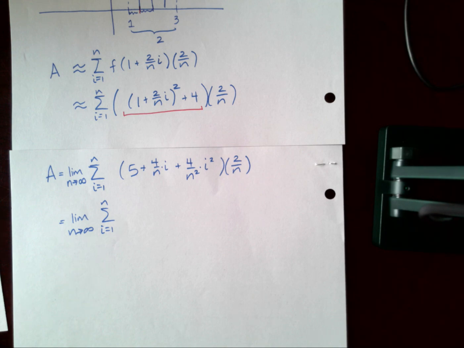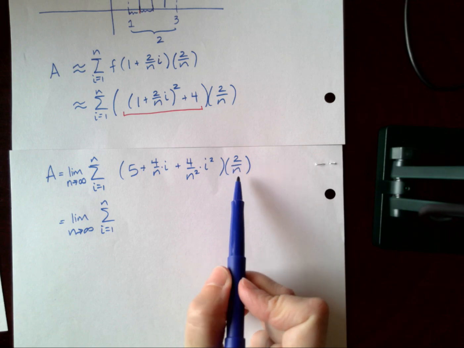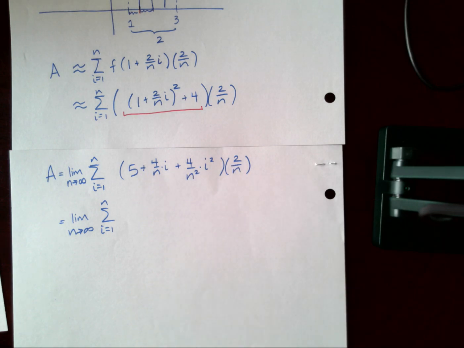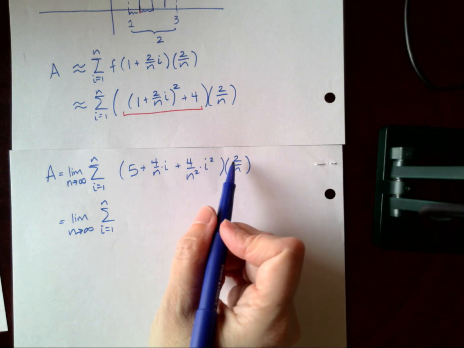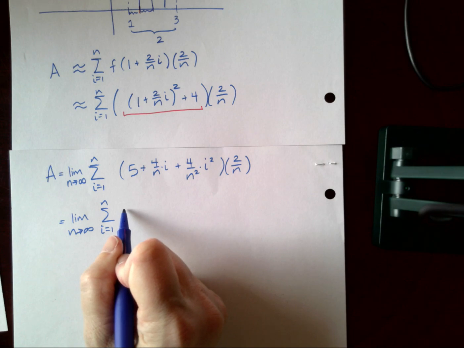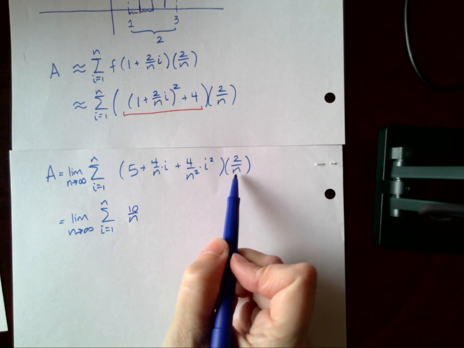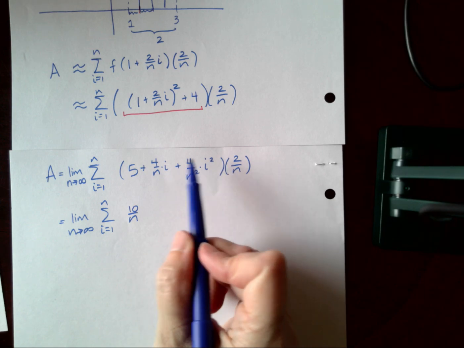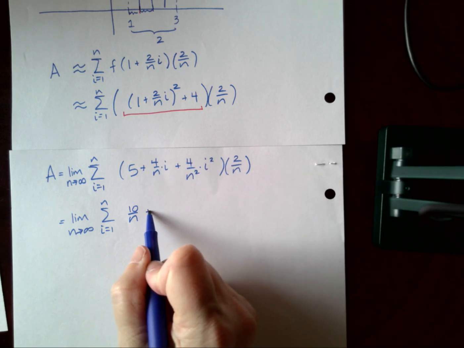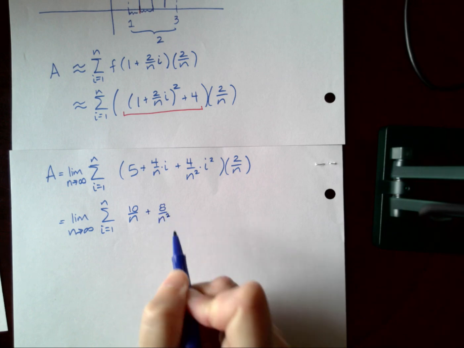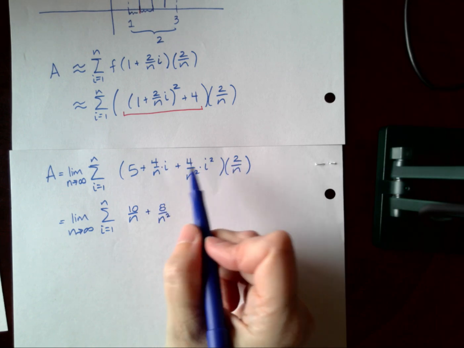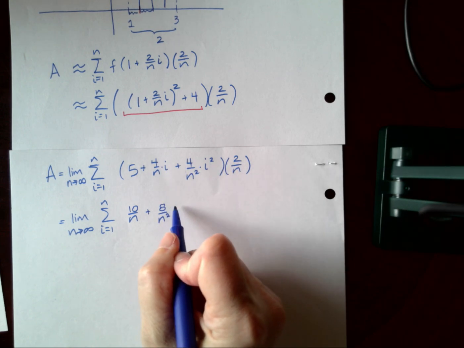Let's go ahead and run this 2 over n through the parentheses. So you'll get something that looks like this. 5 times 2 over n will be 10 over n. 4 over n times 2 over n in the second term would be 8 over n squared. 4 times 2, n times n, and then we still need the i hanging around.